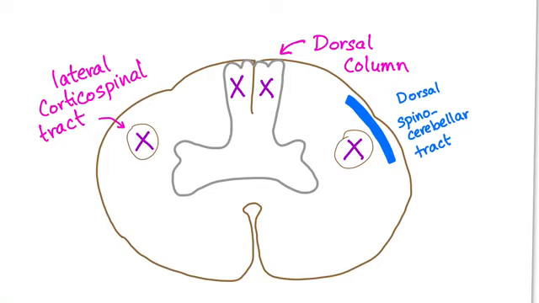Here we will have spasticity. Third, the dorsal spinocerebellar tract. What will happen? Ataxia. So we'll have a patient who cannot sense vibration or his joints. He is kind of wobbly and cannot walk well, and also he will have weakness.